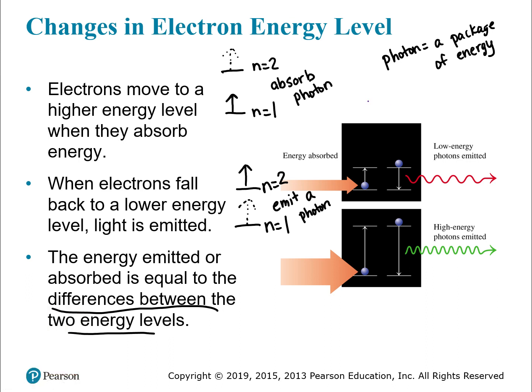I have an electron in n equals 1, and I want to get to n equals 2. To do that, I have to add a photon of light. You need energy. So that's what we're saying here. Plus a photon means plus energy.